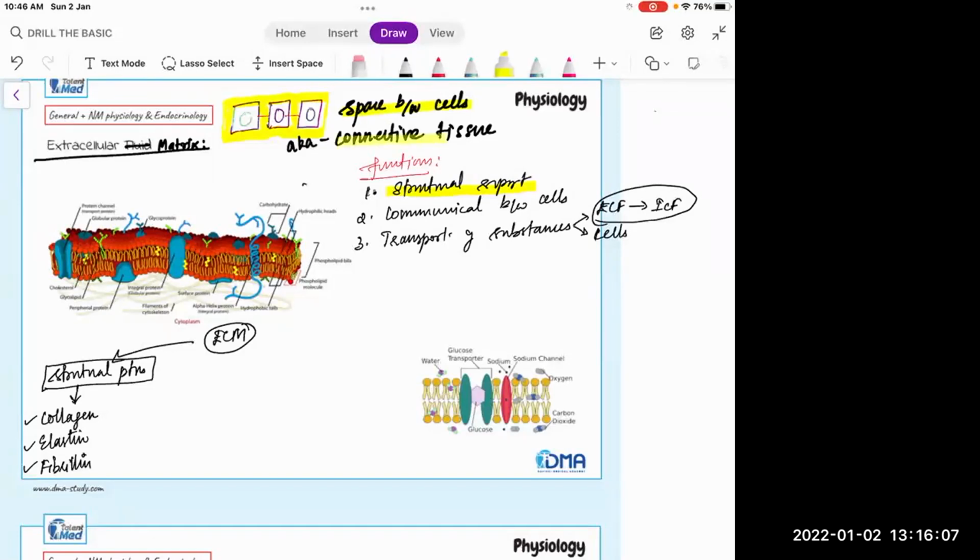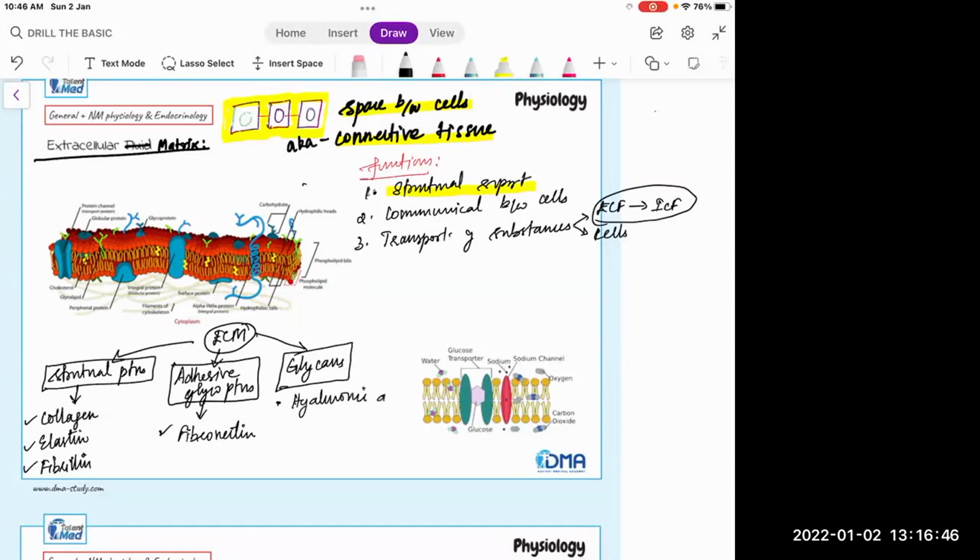So it acts as a connective tissue to adhere one cell with another cell. That is given by the adhesive proteins. These adhesive glycoproteins are formed by fibronectin. At last, you have glycans, which also help in the structural support, especially the hyaluronic acid and sulfatase.